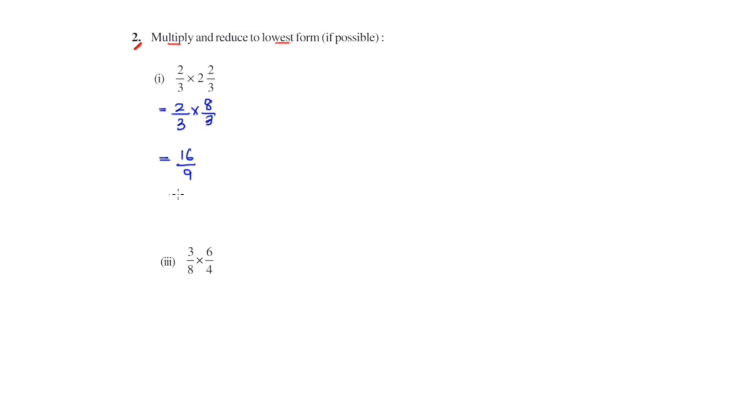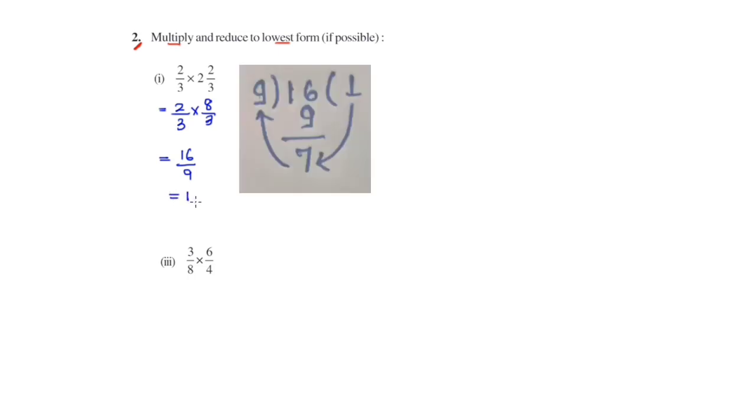Since this is an improper fraction, converting it into a mixed fraction we get 1 as the quotient, 7 as the remainder and 9 as the divisor. So 1 and 7/9 is the product for part 1.